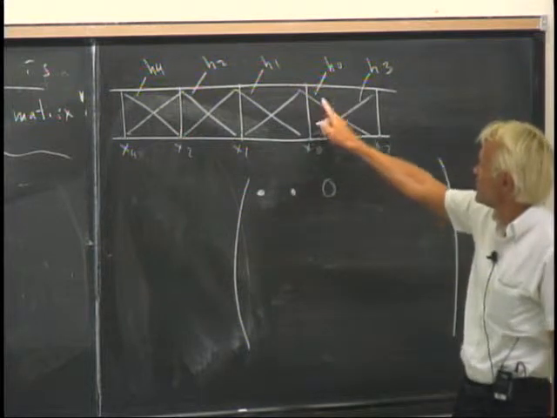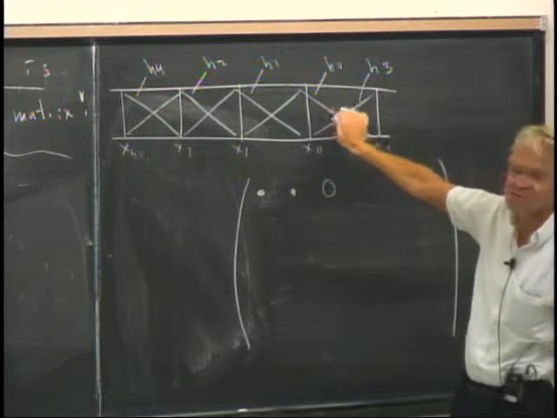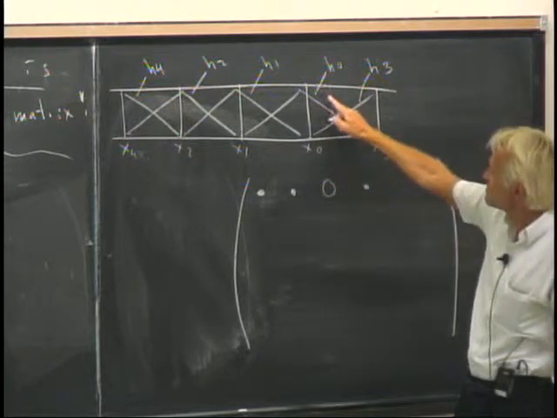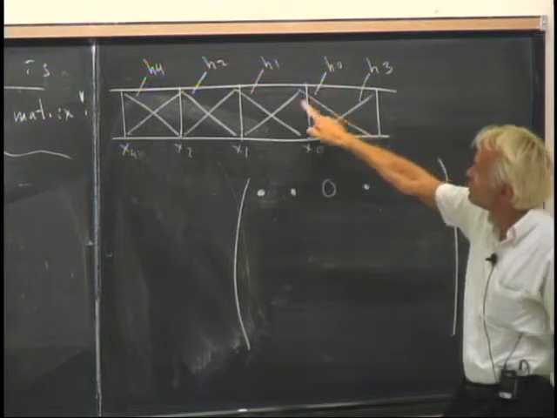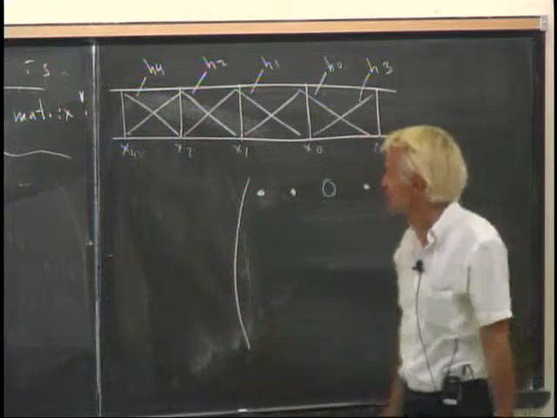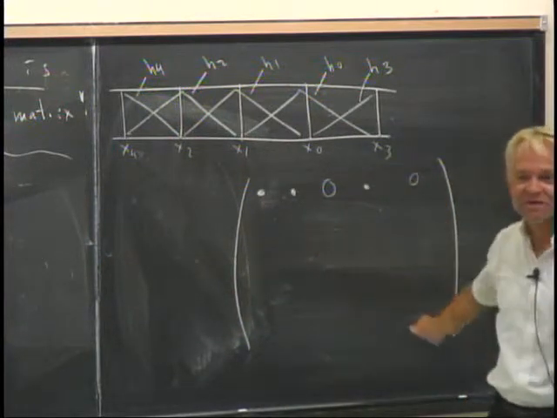Now comes h0 dotted with h3. Well, here's a non-zero product, so here will be a non-zero entry. Now I consider the dot product between h0 and h4. They are too far away from each other, so their dot product will be 0. You see already this thing is no longer tridiagonal, right?